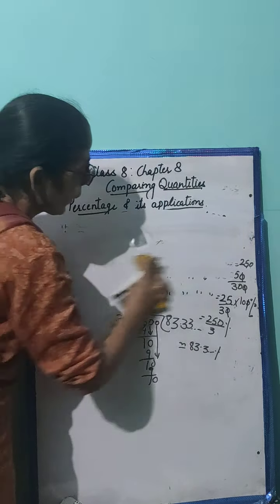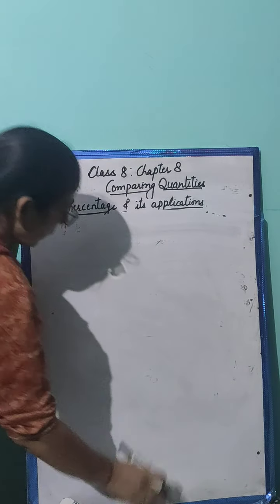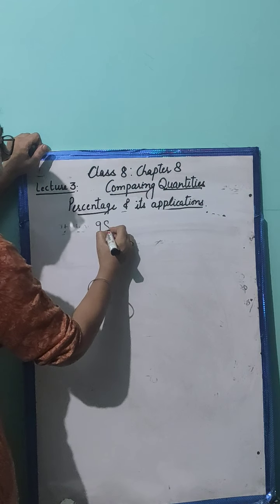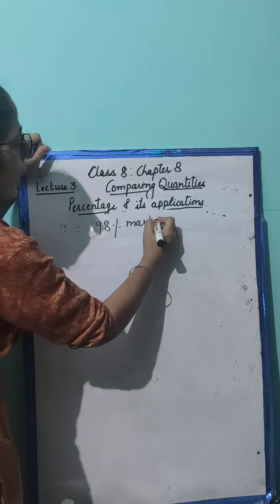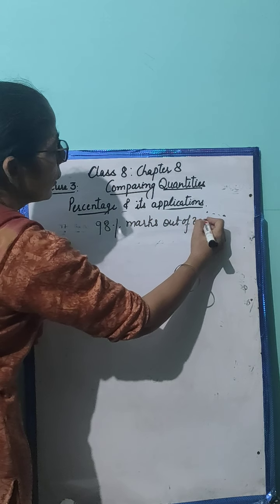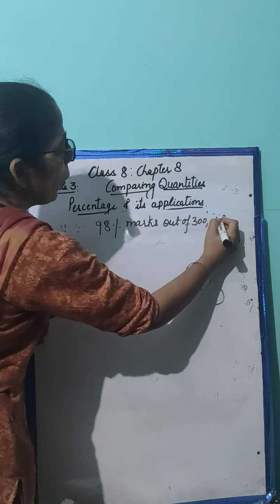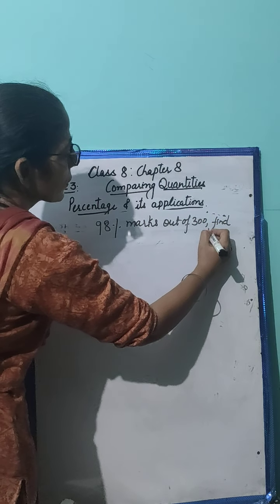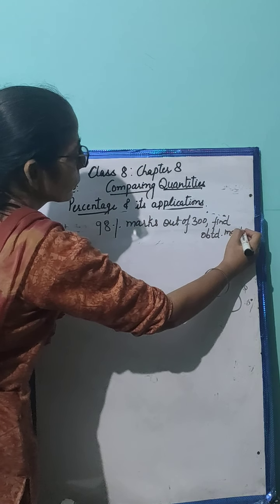If I got 98% marks out of 300, find obtained marks.